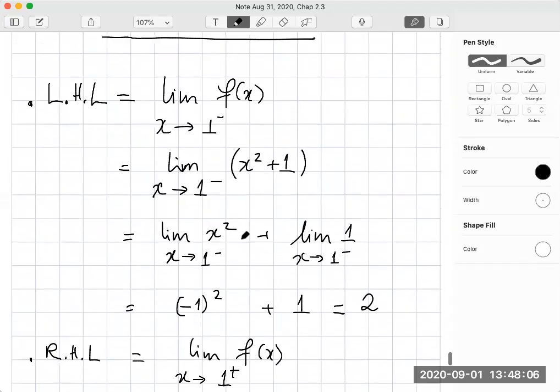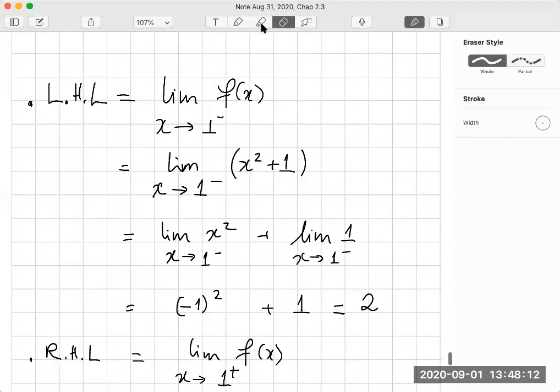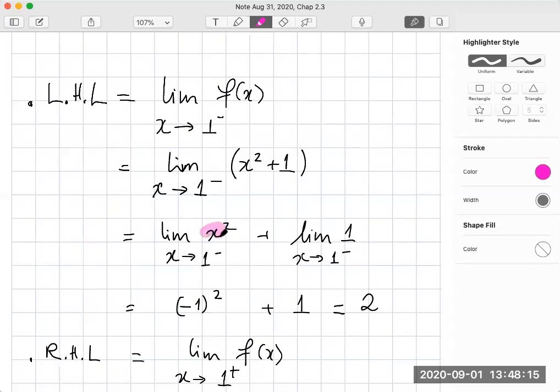Okay, this is x squared, right? The function is x squared. Very good question, so be careful. We can substitute this value into this because it is well defined over the real line. So it is okay to put in the value.